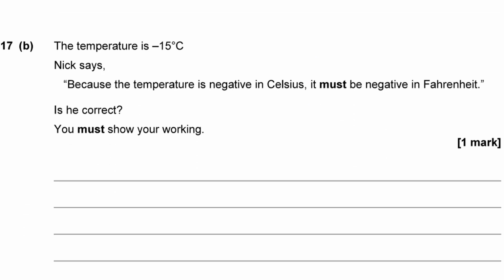And part B says the temperature is negative 15 degrees C. Nick says because the temperature is negative in Celsius, it must be negative in Fahrenheit. Is he correct? You must show your working. So basically we need just to sub this new value in. So if C equals minus 15, try the calculation again and see if that is the case.